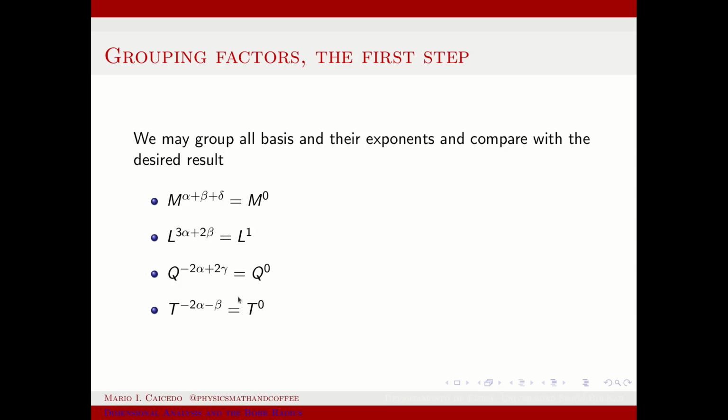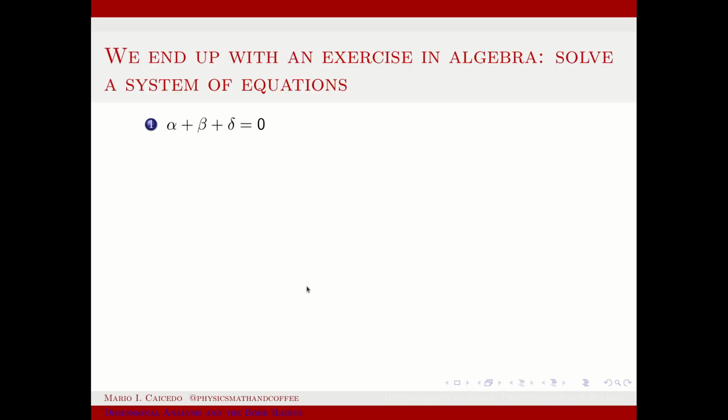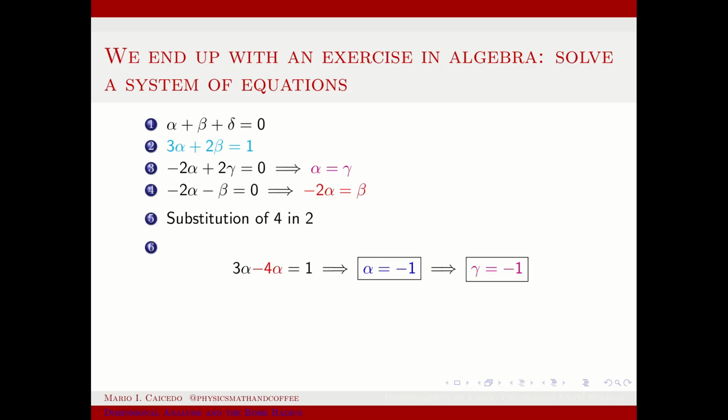So from here we can equate these powers to the powers on the right, and that makes a pretty nice system of equations. There they are. And then we can find that alpha equals -1, gamma equals -1 as well, and finally delta equals -1.